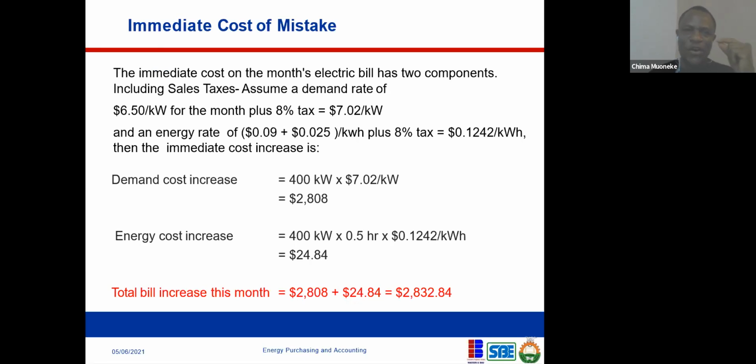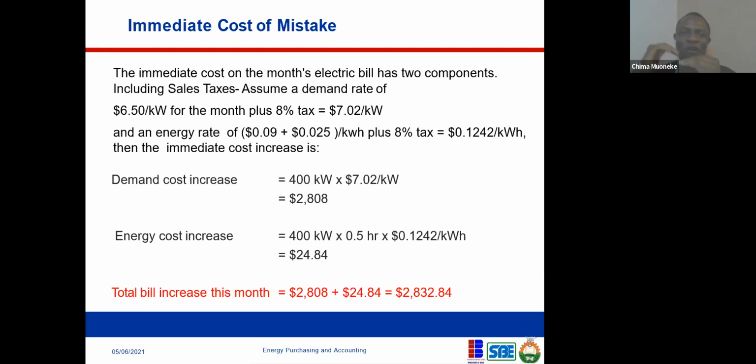The immediate cost on the month's electric bill has 2 components. Remember, there is a demand charge and there is an energy charge. For the fact that he ran this machine for 30 minutes, we are going to calculate the impact on their demand charge. They wanted to maintain their demand limit at 400, but this man has now increased it to 800.